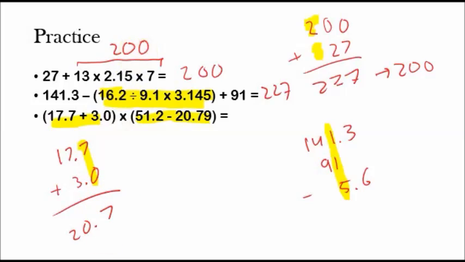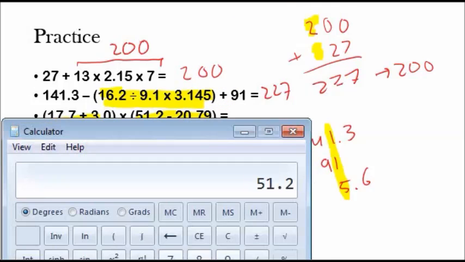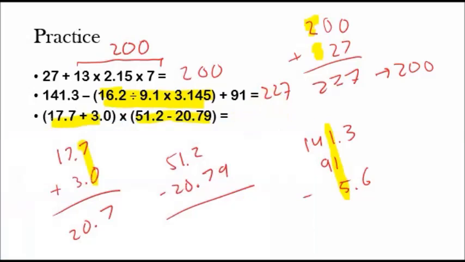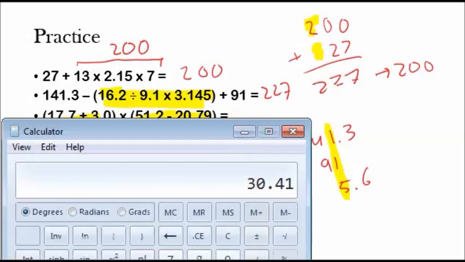And then here we have 51.2 minus 20.79. So let's do that in a calculator. So we're left with this. Our answer needs to be rounded to the tenths digit, because again, the last place value that these numbers share is the tenths digit, so the answer will be 30.4.